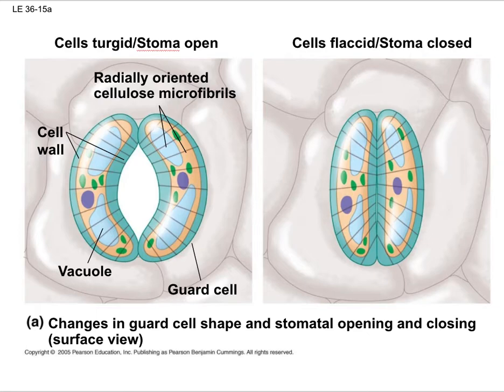When guard cells are turgid, the stomata will be open, and if they're flaccid, the stomata will be closed. It makes sense, right? If you have a lot of water, it's pretty easy to keep your guard cells turgid. If you don't have much water, they can go flaccid pretty easily. So if you think about it, that's what the plant would want to do.